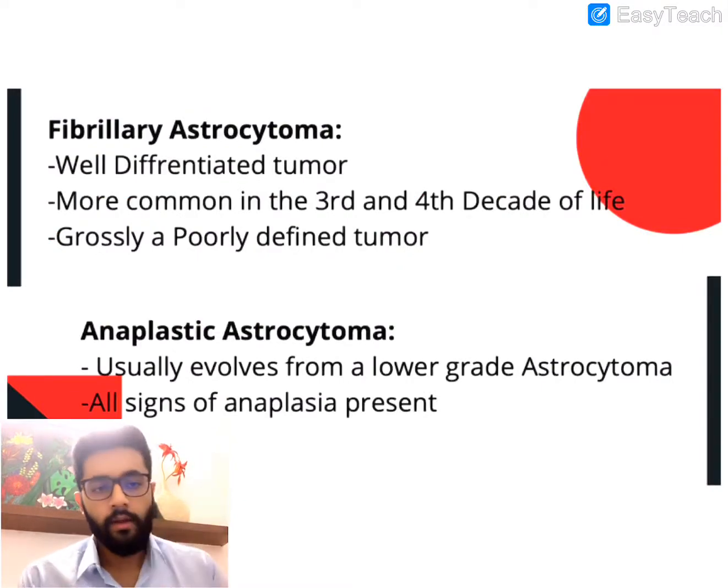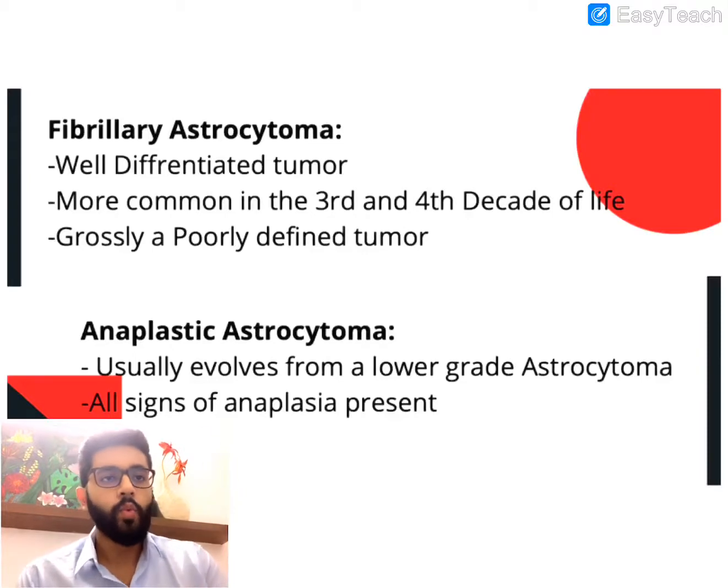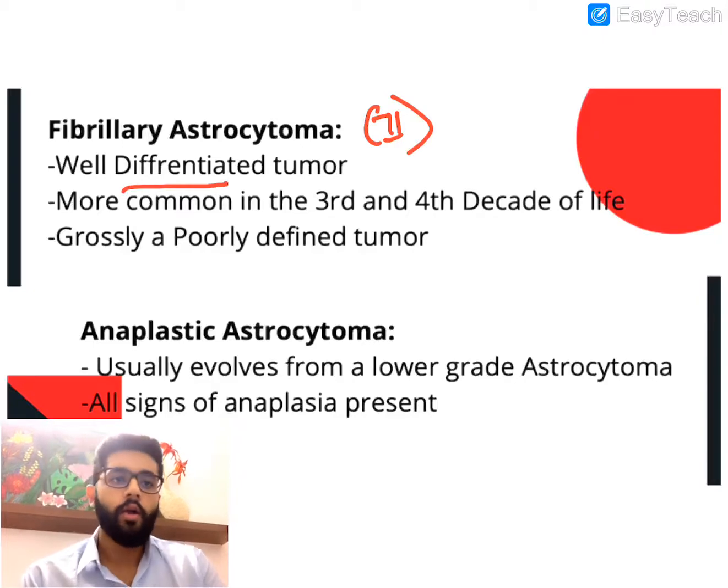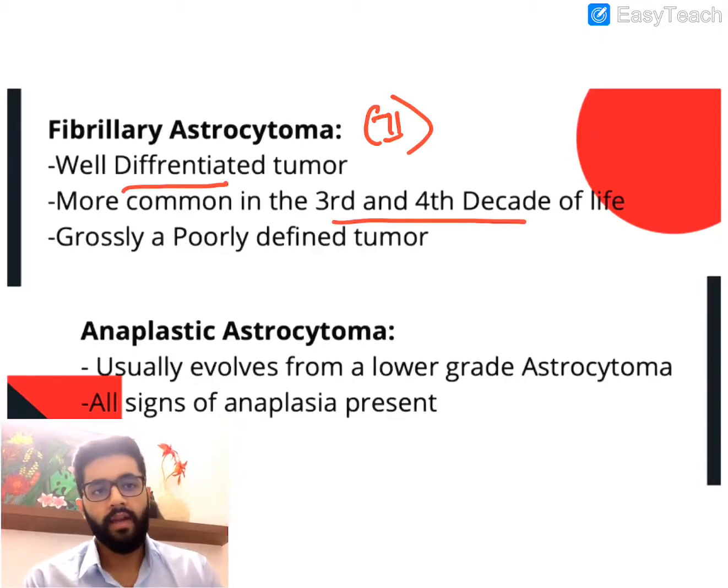The next is the grade 2 tumor or the grade 2 astrocytoma, which is called the fibrillary astrocytoma. So remember, although this is worse than juvenile pilocytic astrocytoma, it still has a decent prognosis. So it is a well differentiated tumor, common in the 3rd and 4th decade of life.